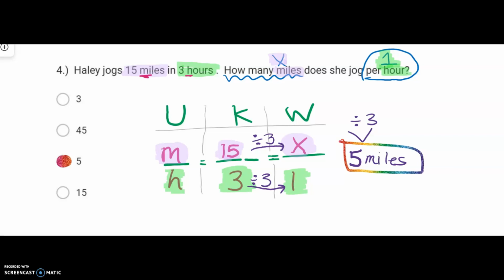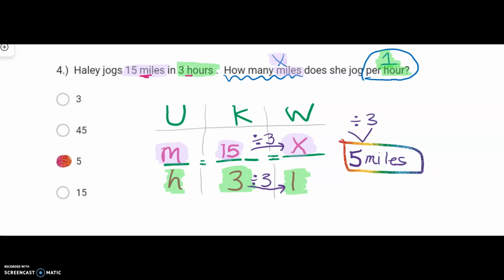So let's go ahead and look at how it would fall into our chart. Down below, we have miles over hours. Okay, it's distance over time, which you may have heard before. So miles over hours, and then we plug in what we know. Well, we know it's 15 miles for 3 hours. What we don't know is how many miles she did in 1 hour. So then we find a pattern and we follow it. Well, on the denominators, I did 3 divided by 3 to get the 1.